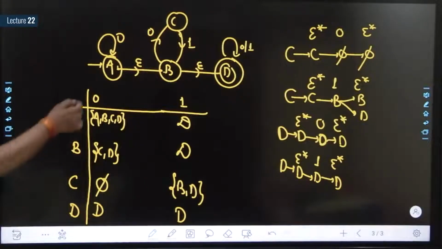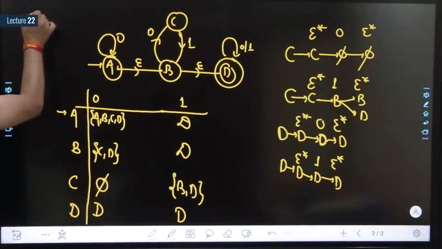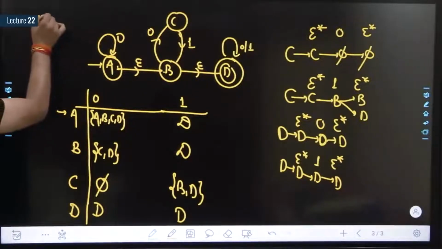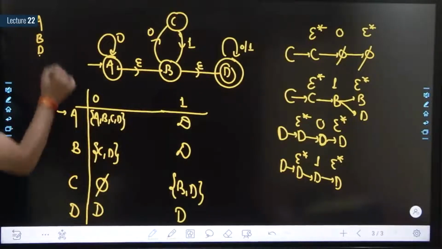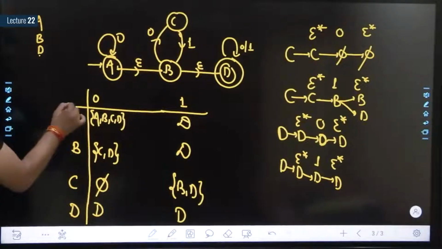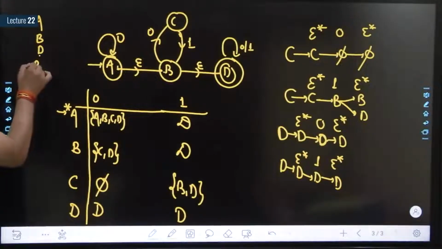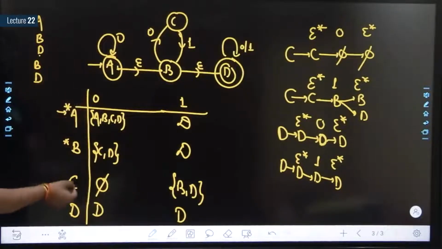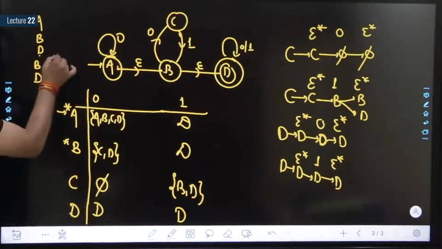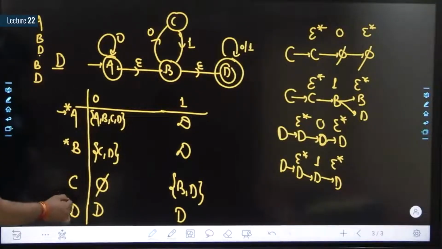So what is the epsilon closure of A? It contains A, B, D. It means it contains a final state, so this one is final. Epsilon closure of B is B, D. This contains D, so this is a final state. Epsilon closure of C, only C. C is not final. Epsilon closure of D, D itself, it is a final state.